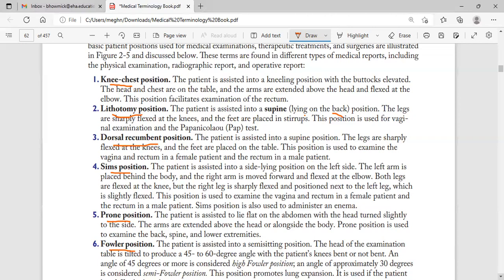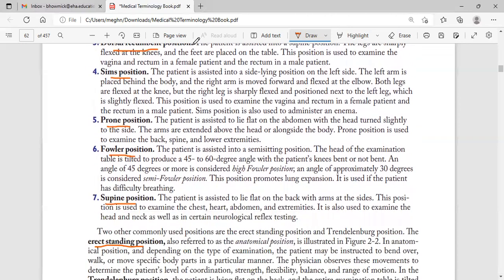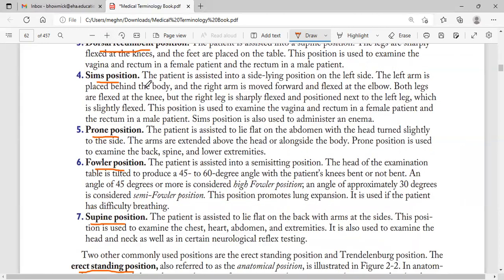Another position is called Sims posture or Sims position. The patient is assisted into the side-lying position on the left side. The left arm is placed behind the body. The right arm is moved forward and flexed at the elbow.